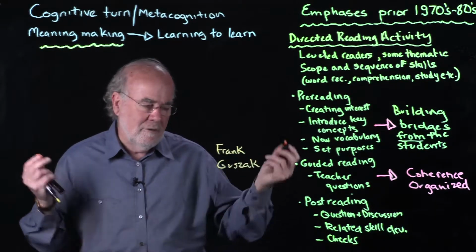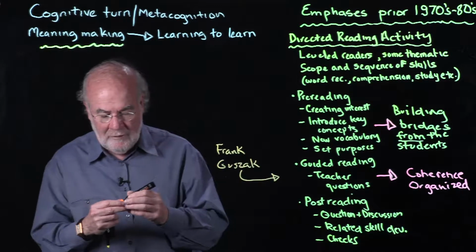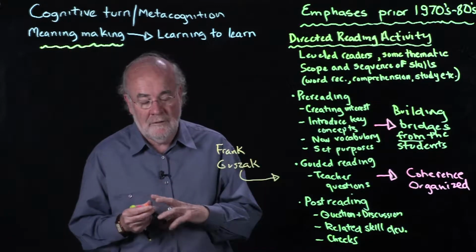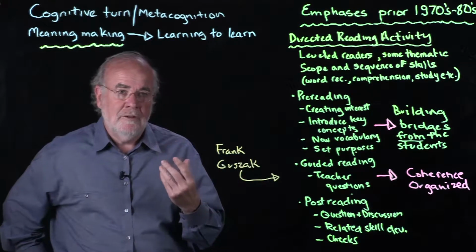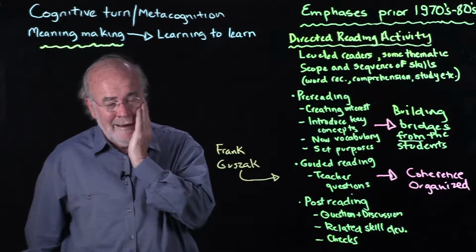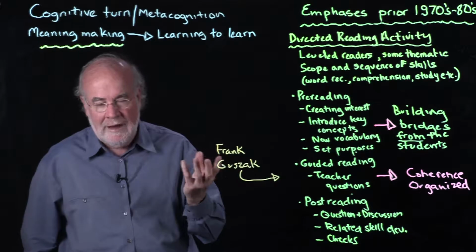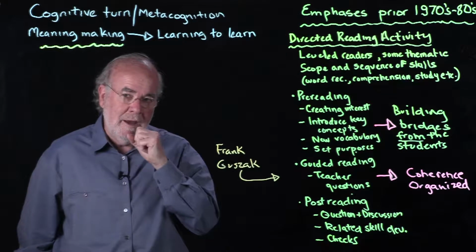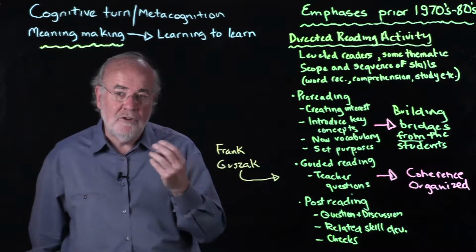And he found two things which have been found repeatedly in studies of teaching reading relative to teacher questions. One is that teachers tend to ask oftentimes fairly low-level questions, as if they're checking to see if the kids have accurately read the text and can retrieve the information. So it's very text-based, teacher-driven.